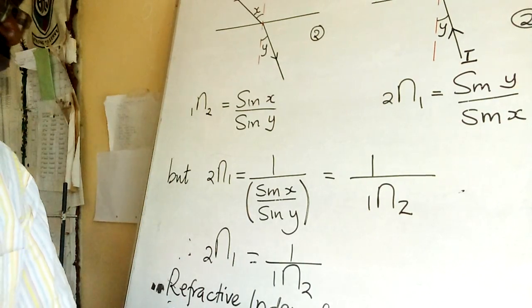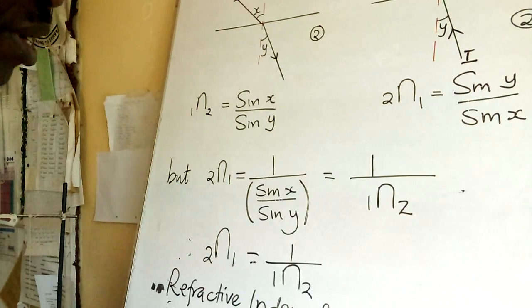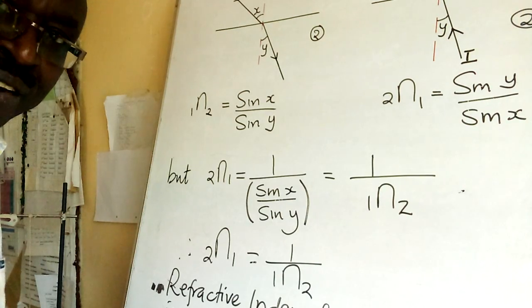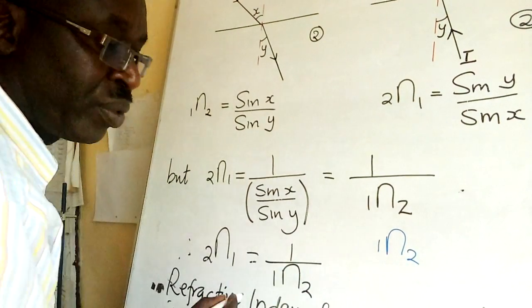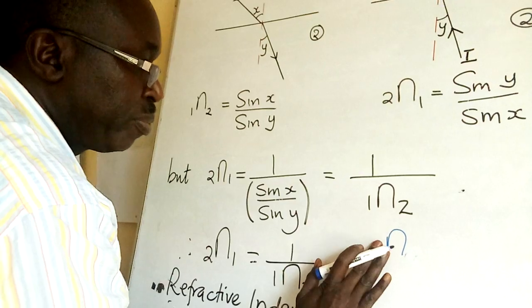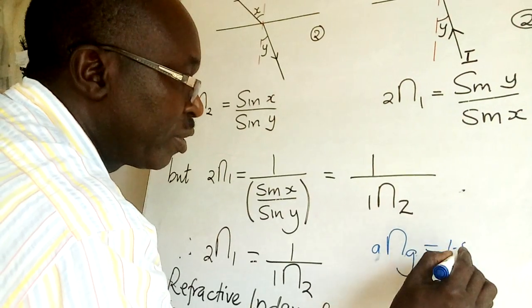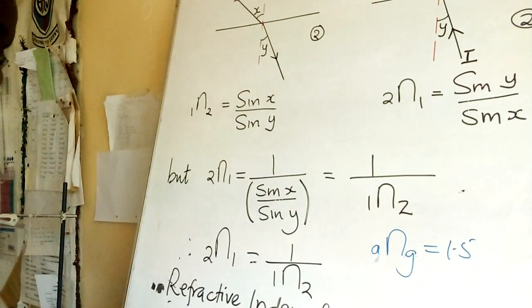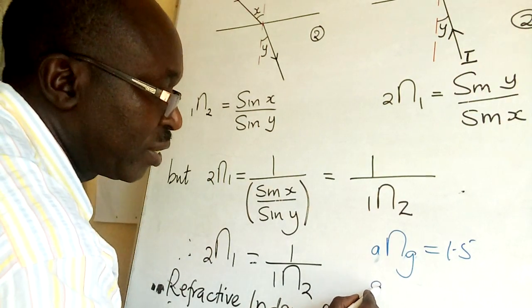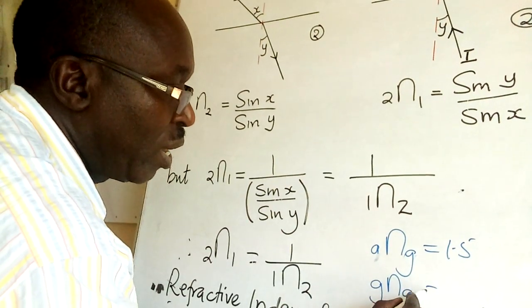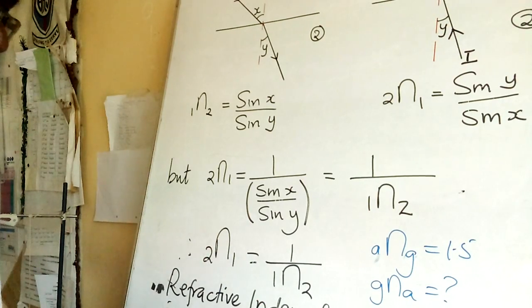Let us just look at a simple example. Refractive index from air to glass is 1.5. Find the refractive index from glass to air. We are asked refractive index from glass to air. What will it be? This is where you use this idea.